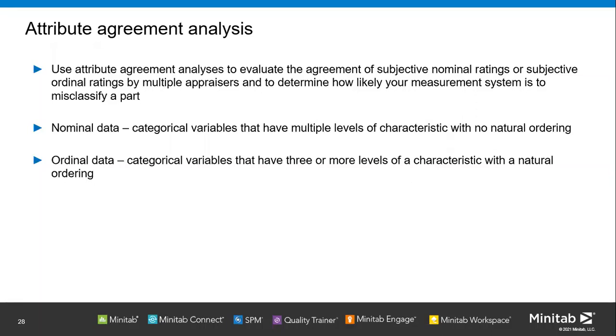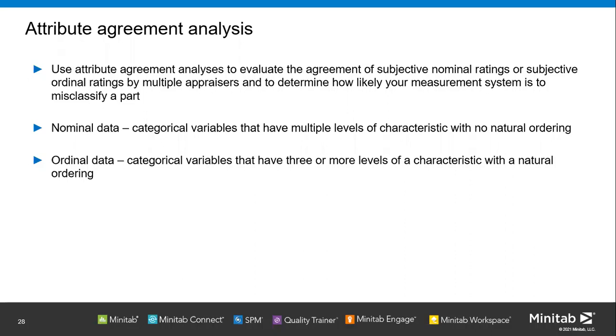So maybe for one part you are not able to come up with a measurement like length or diameter, so you try to convert all that information into an attribute, or what we call text data, something like accept or reject. Or maybe you have level 1, level 2, level 3, or a rating, something like rating 1, rating 2, rating 3.